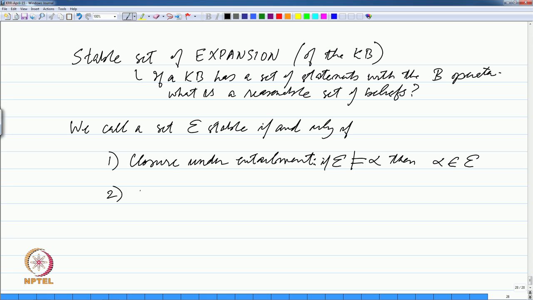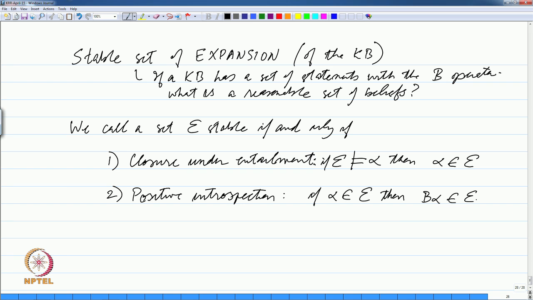2 is called positive introspection, and this says that if some formula alpha belongs to your extension or expansion, then belief alpha also must belong to the expansion.